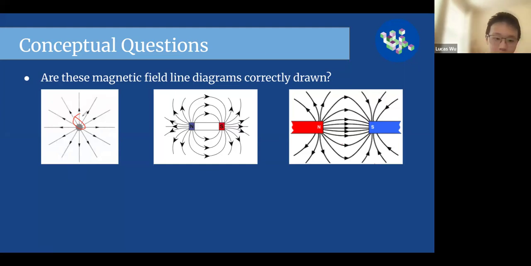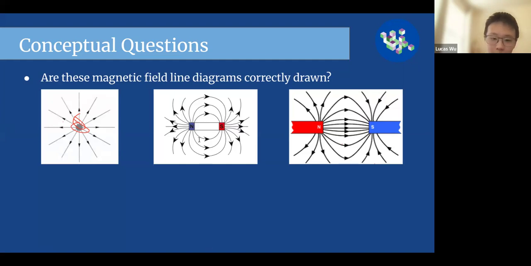The dot should represent a source of the magnetic field, but remember there's no source or end of the magnetic field. So this gray dot that we draw, like a source of the magnetic field, doesn't exist in real life. That's what makes the first diagram wrong. Also, Tony, very good question. That's exactly pinpointing what's wrong about the first diagram.